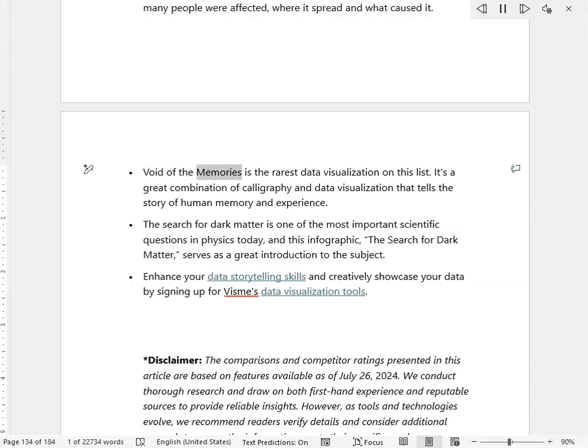Void of the Memories is the rarest data visualization on this list. It's a great combination of calligraphy and data visualization that tells the story of human memory and experience. The search for dark matter is one of the most important scientific questions in physics today, and this infographic, The Search for Dark Matter, serves as a great introduction to the subject.